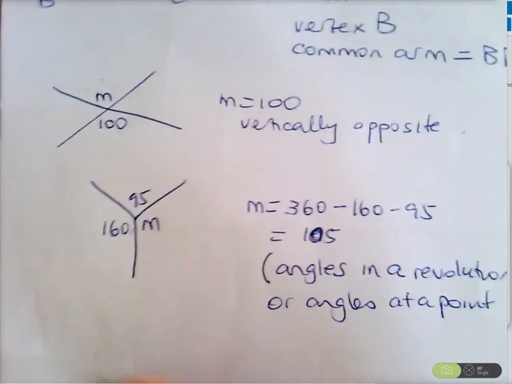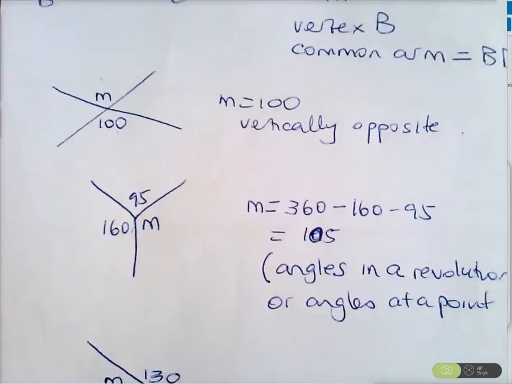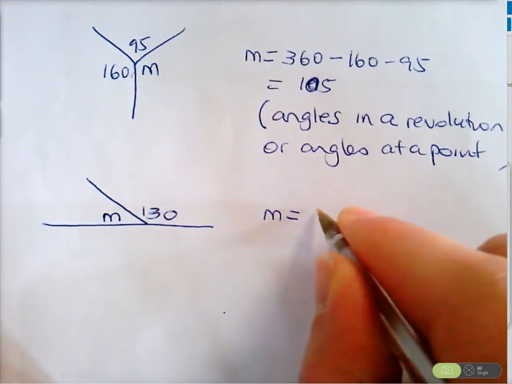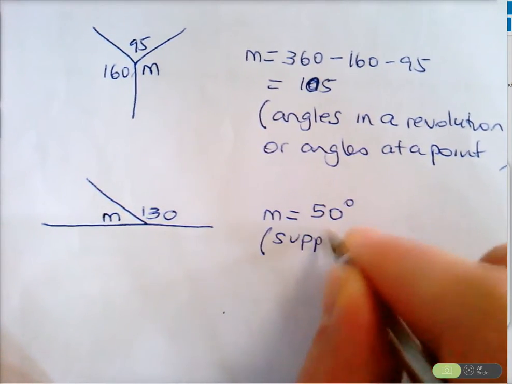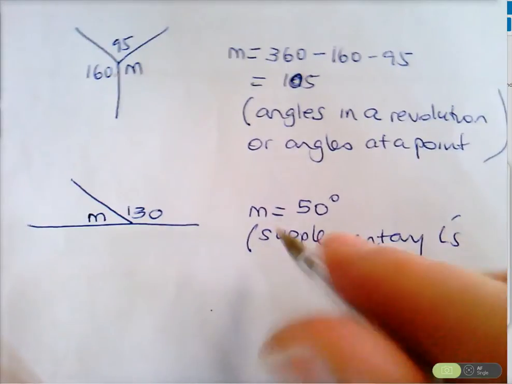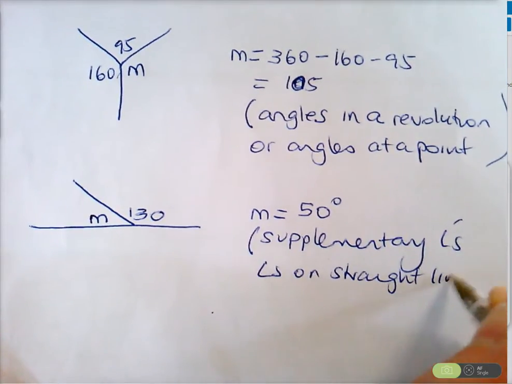We've also got this type. What's that one? M is what? 180 minus reason. That's the supplementary angles or no, angles on a straight line.